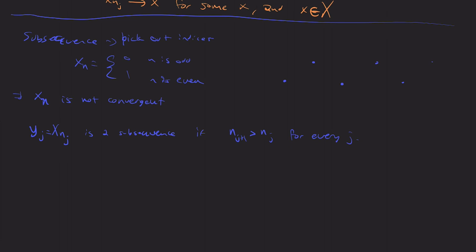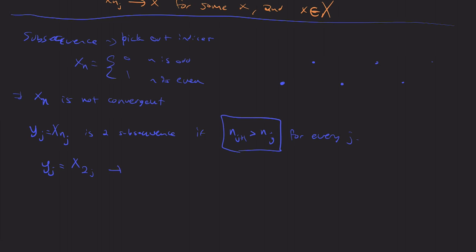Two natural subsequences to take are x_{2j} and x_{2j-1}. n_j is a function of j, and it's strictly increasing, so that you're actually going all the way out to infinity. If I repeatedly picked the first index over and over again, then you're not really seeing what the limiting behavior is. That's why this has to be strictly increasing in j.